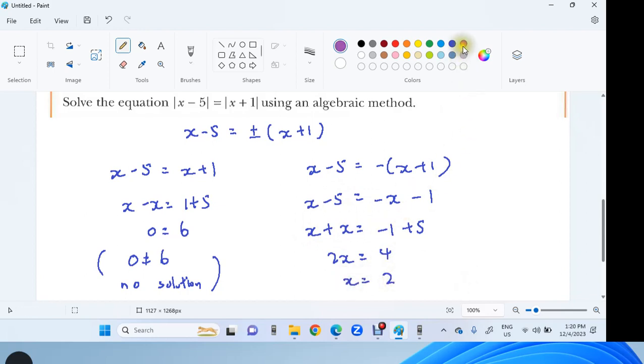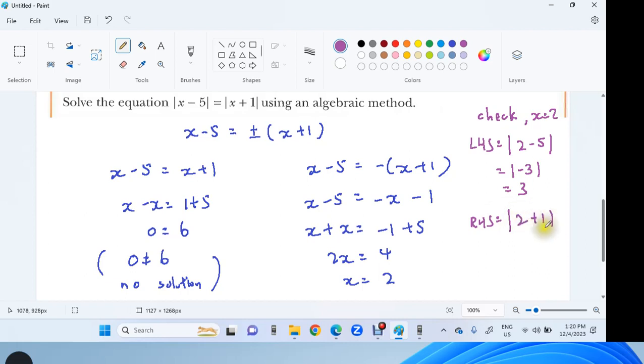After we get the answer, for this kind of question, we must check. With x equal to 2, the left hand side becomes modulus of 2 minus 5, which is modulus of -3, so it is 3. The right hand side is modulus of 2 plus 1, which is modulus of 3, so it is 3. So 3 equal to 3, and we confirm it is a solution.